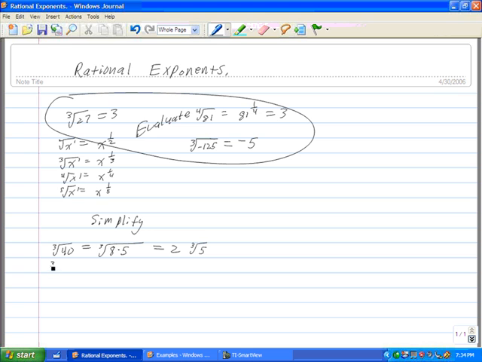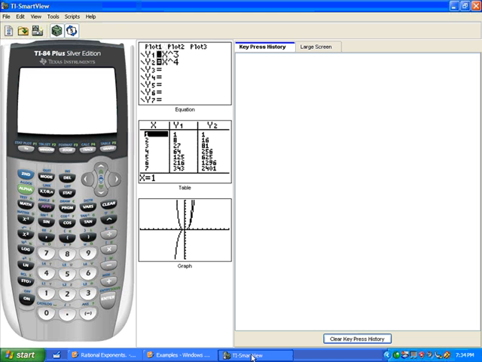Let's take the cube root of 3,000 and see if we can find how to simplify that. Again, not punching it into the calculator and evaluating, but simplifying. Now let's see, 3,000, and it's a cube root.